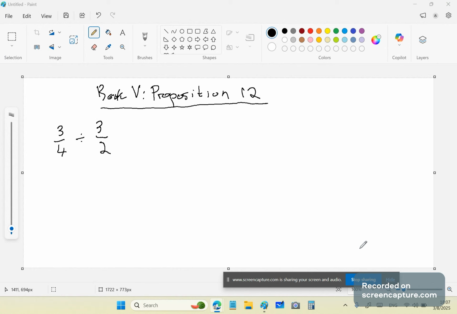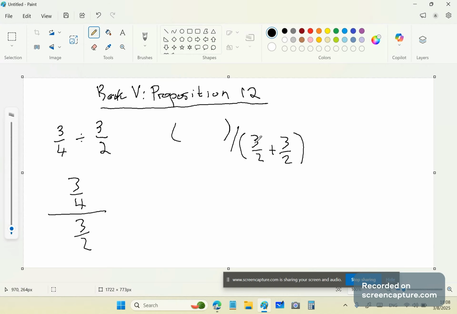In this case, let's get the bottom part, which is 3/4 over 3/2, to be a fraction which is a multiple of 1. How do we do that? Well, 3/2 plus 3/2 is the same as 6/2.